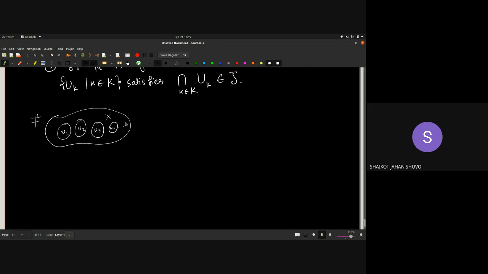The first condition is that the null set and the set X have to belong to tau, and tau is a collection of open sets. So all the open sets you can make, you are making a collection of them, and that is your collection tau. Null set is open for now.